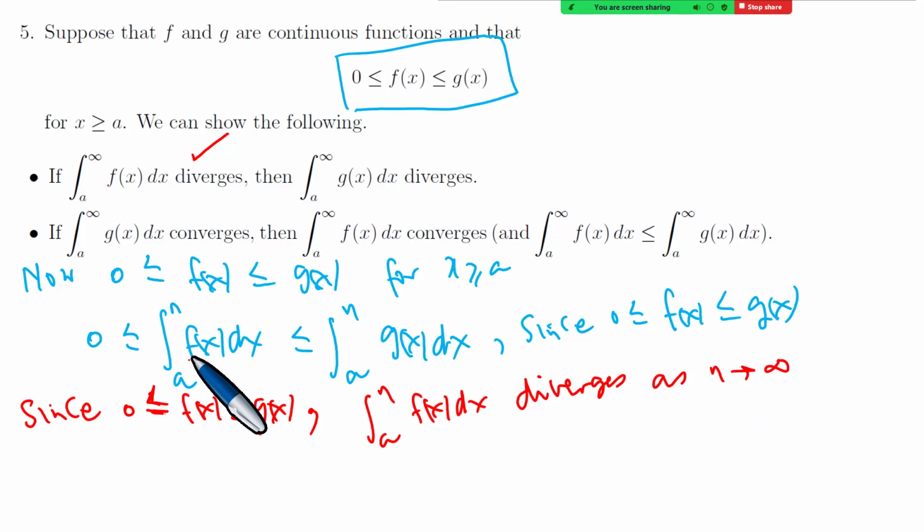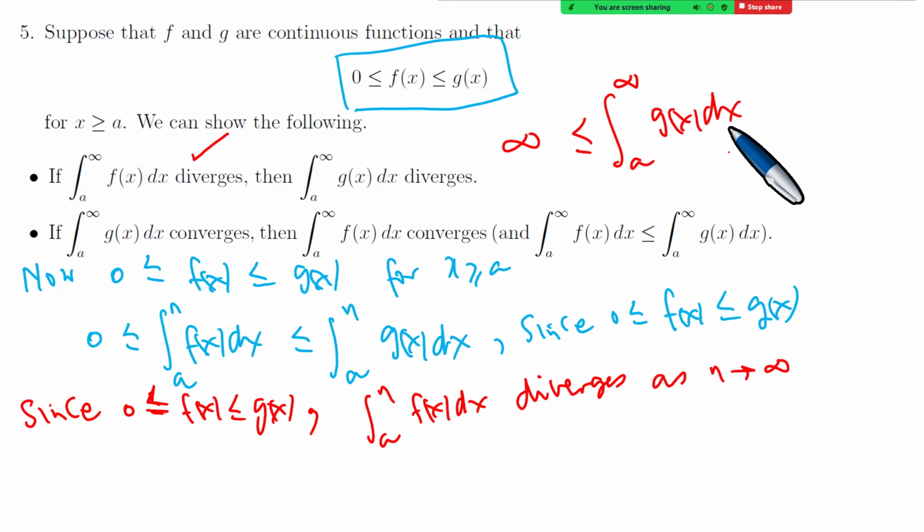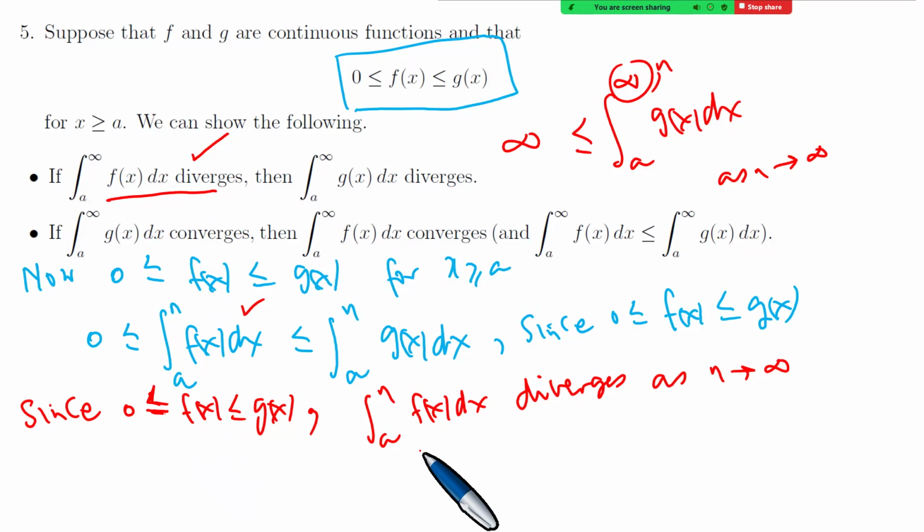So this one either becomes infinity or minus infinity. So we then have infinity is smaller than this as n approaches infinity. But we are told that this integral of f of x diverges as n approaches infinity.